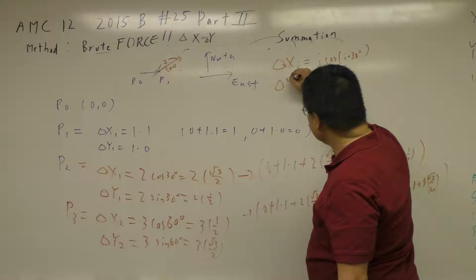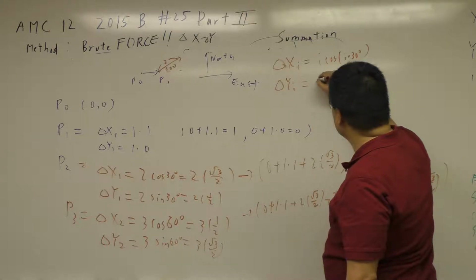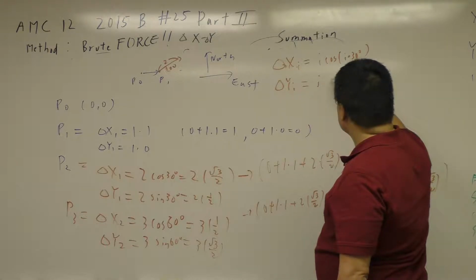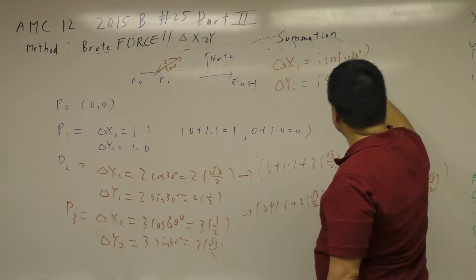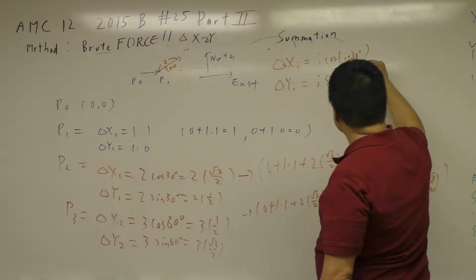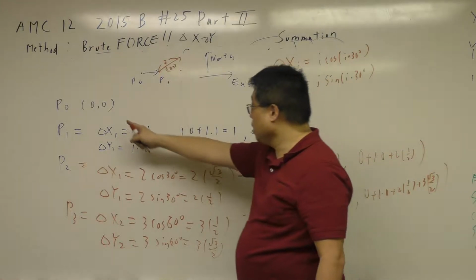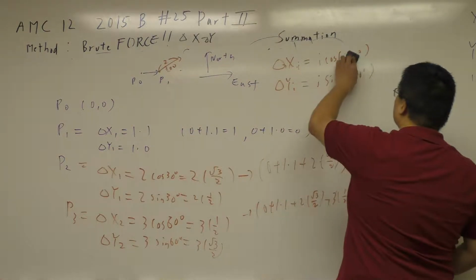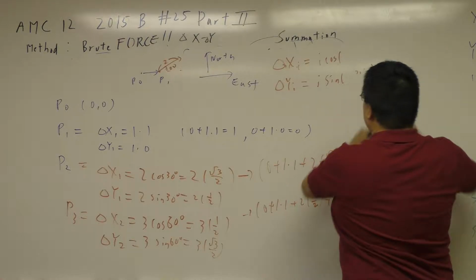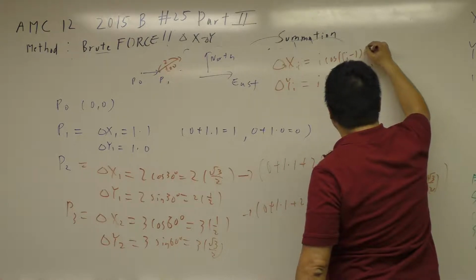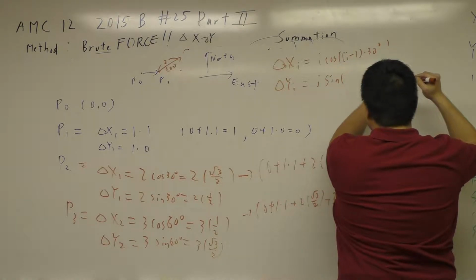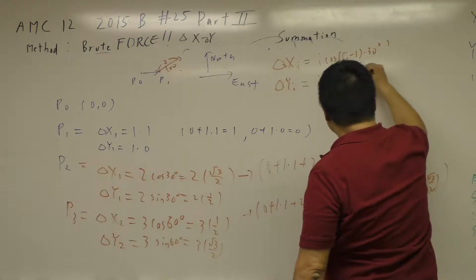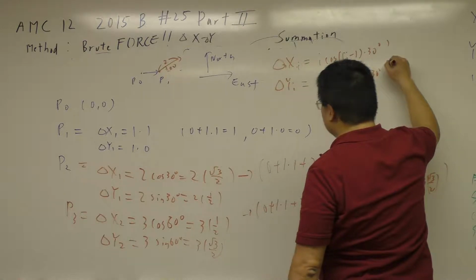And the change in y will always involve that i term times sine of i times 30 degrees. So this is the case for, well, wait, not 30 degrees, but i minus 1 times 30 degrees, and i minus 1 times 30 degrees here.